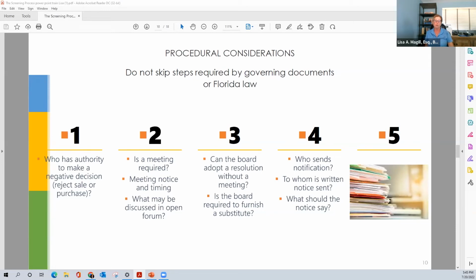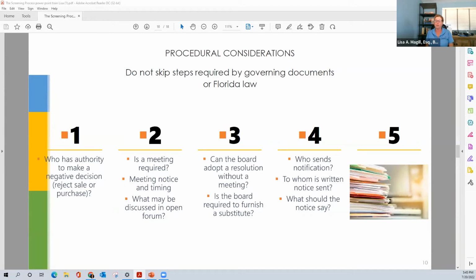Most of the time, no. Most of the time you're going to want, and I would venture to say, I would want the association to have that decision-making come back to the board. If everything is fine, the screening committee approves or management approves, you don't have any complications. But if there's going to be a negative decision, you want that to come back to the board of directors so the board of directors can take action.